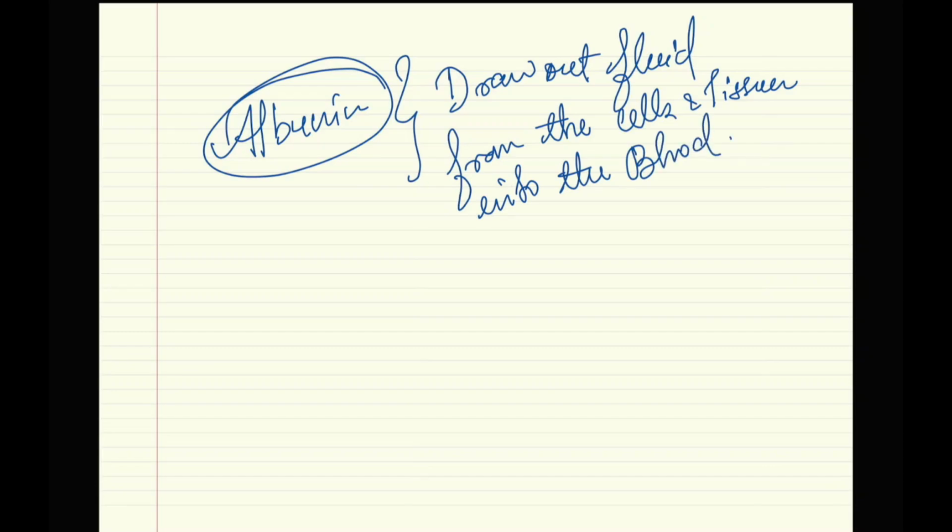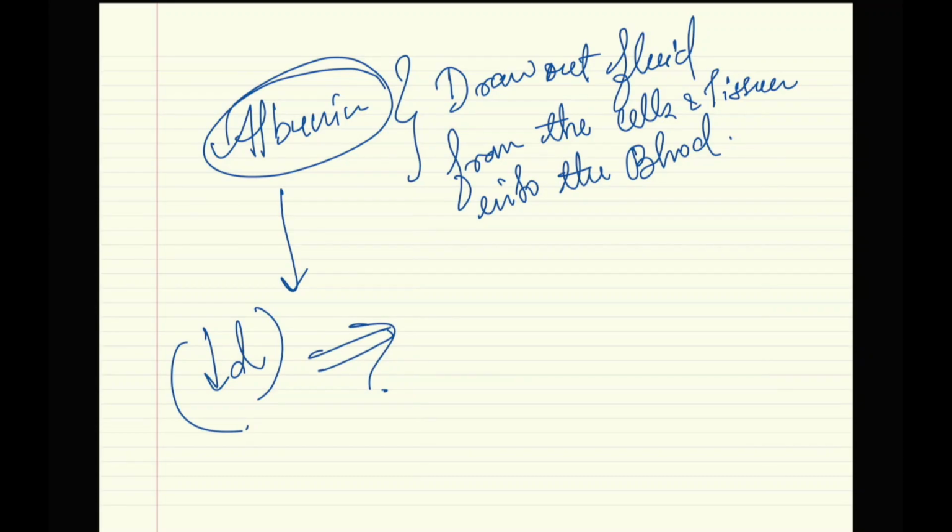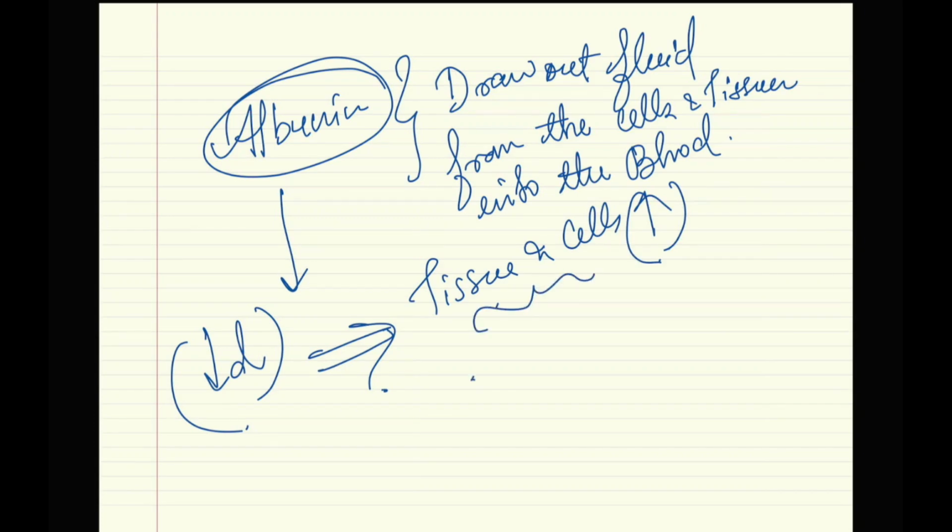It basically acts as a sponge. And if albumin is reduced, it won't be able to absorb all the fluids from the cells and tissues into the blood. That means the fluid will be pushed out from the blood into the tissues. So the fluid in the tissues and the cells will increase, leading to edema.